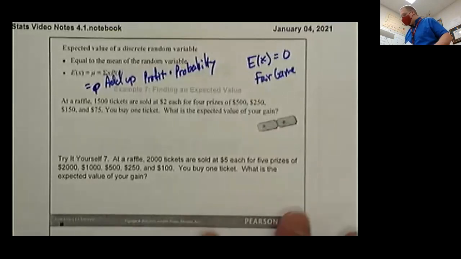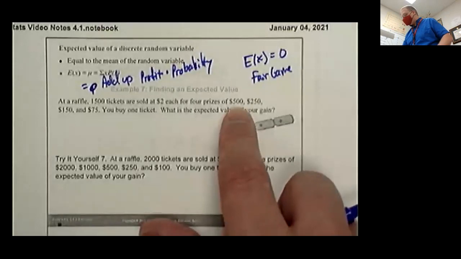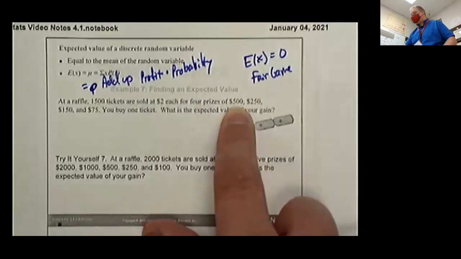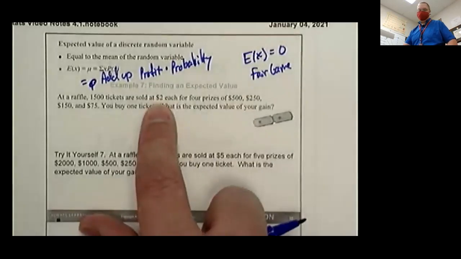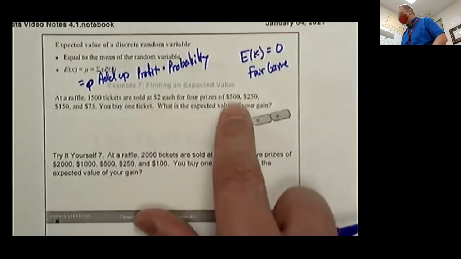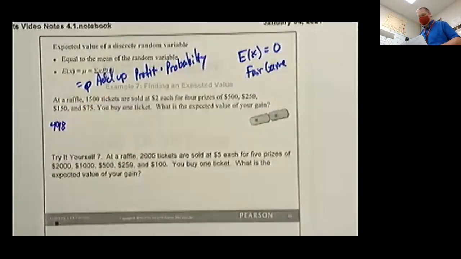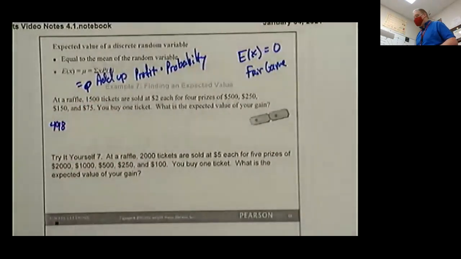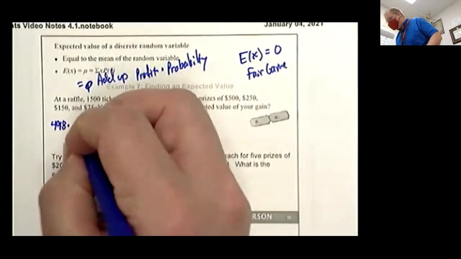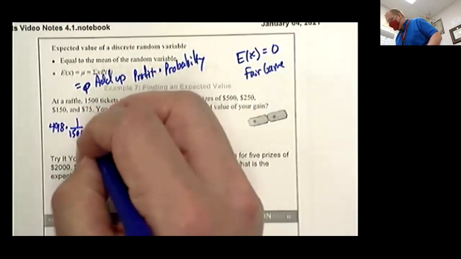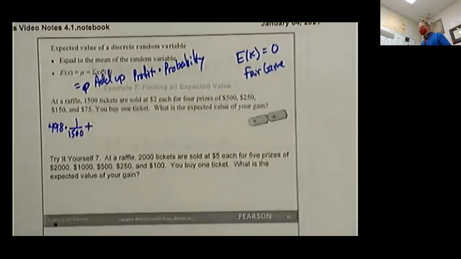So let's say you win a prize. First prize was $500. What's your profit? You don't actually win $500 because you paid $2 for a ticket. So your first place profit is actually $498, $2 less than 500. What's the probability that you win that? Well, there was 1 winner out of 1,500 tickets. We're going to add that to second place.